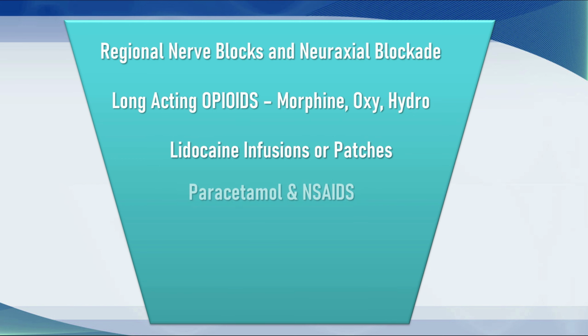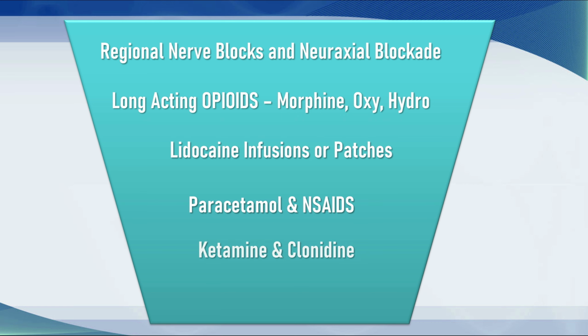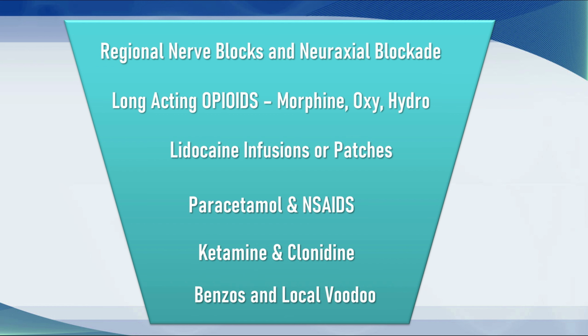Then we have paracetamol, acetaminophen, and non-steroidal anti-inflammatory agents, and then other agents that do have analgesic effects such as ketamine and clonidine. And sometimes the patient is just really anxious and that anxiety is worsening the pain, so occasionally we'll give them some benzodiazepines and other local voodoo things that people do, like giving, for example, magnesium that's not really based on any clear evidence.